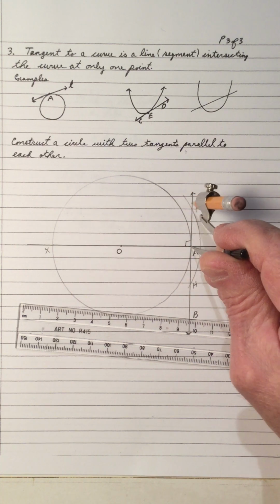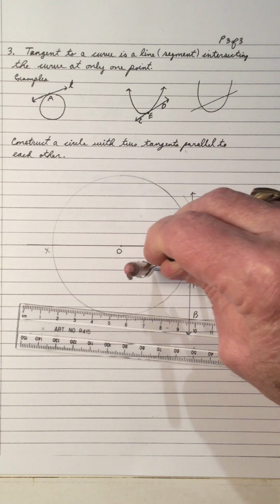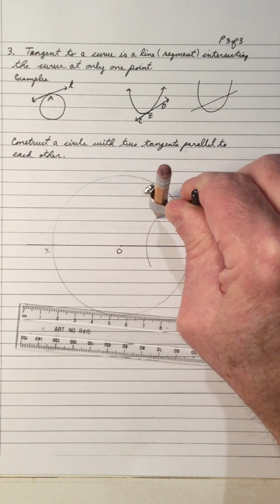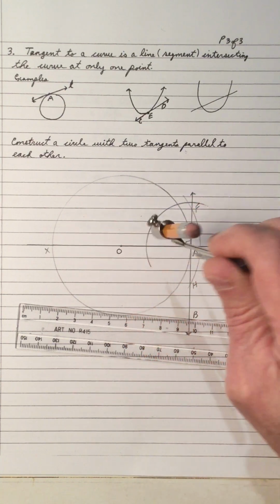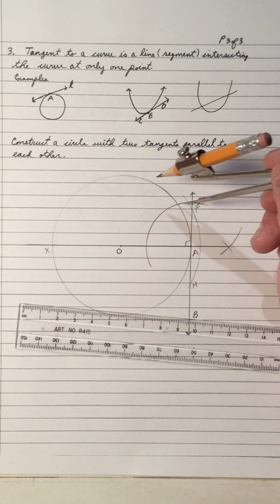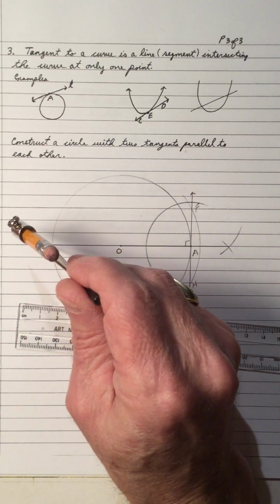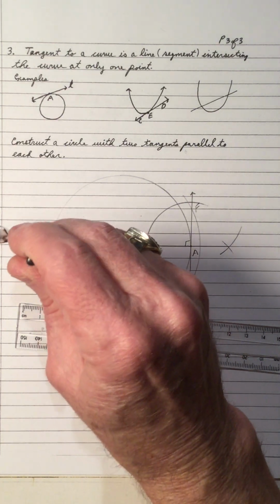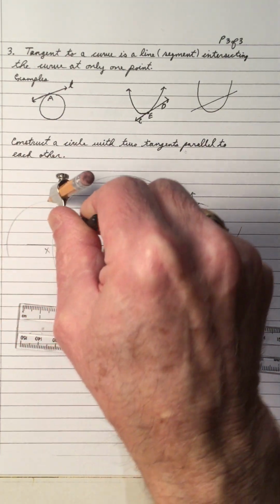Here's A. So pick a distance, and I'm going to cut OA and AF. So I cut OA. This is the angle, OAF. So I'm copying this angle. So I'm going to place my compass at X and draw an arc with the same radius.